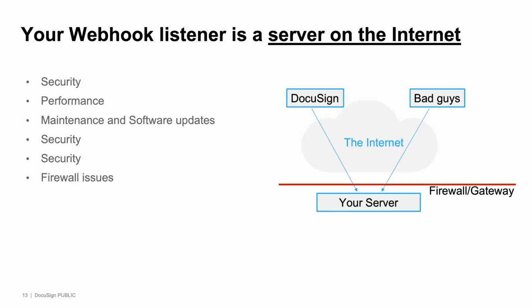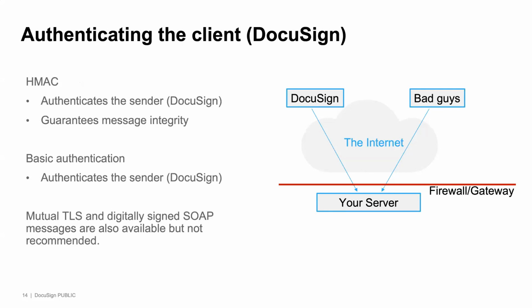So keep that in mind. You can appreciate that having a server on the public internet is a big deal, and because of that, some customers are a little bit concerned. Now you can do this, but there's also an alternate way of handling it, which I'm going to discuss in just a moment.